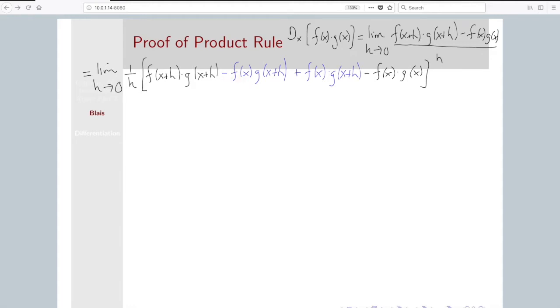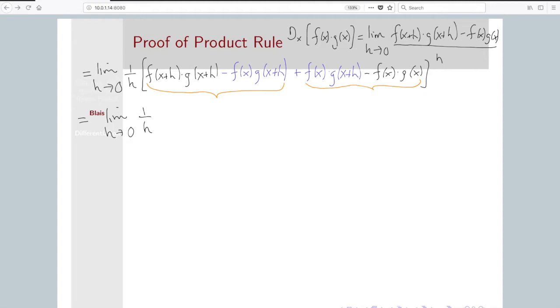So we will now pair these two, and similarly, we will pair these two. So this is the limit as h goes to 0 of 1 over h. And we'll now use the sum law to break the limit of the sum of these two pairs into the sum of the limits.